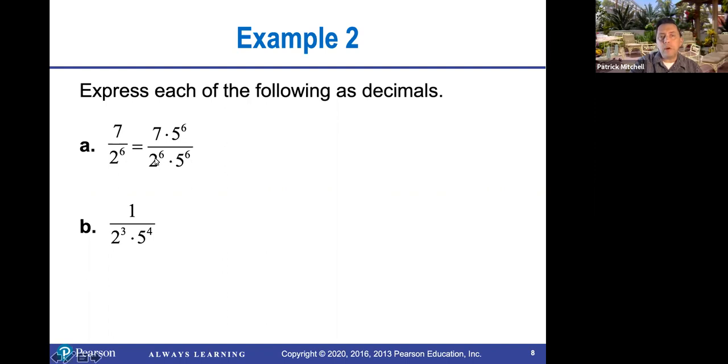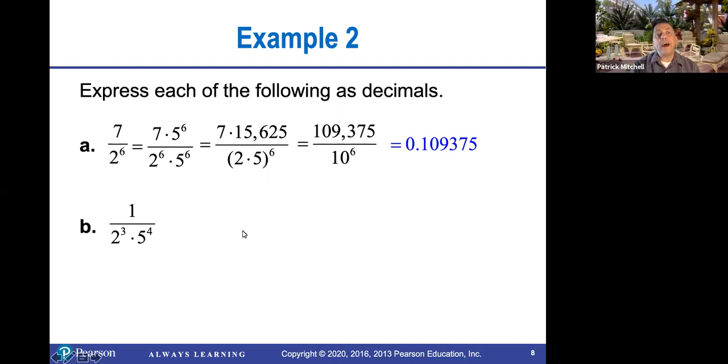And what that will do is it will allow us to write this 2 to the 6th times 5 to the 6th as 10 to the 6th using this property of exponents. And what we end up with is 109,375 millionths. 10 to the 6th is equal to 1 million.